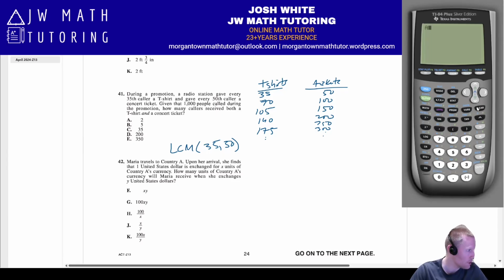We can go to the math menu, and then we can go to num, and we can go down here to number 8, LCM, and just put in 35 and 50.